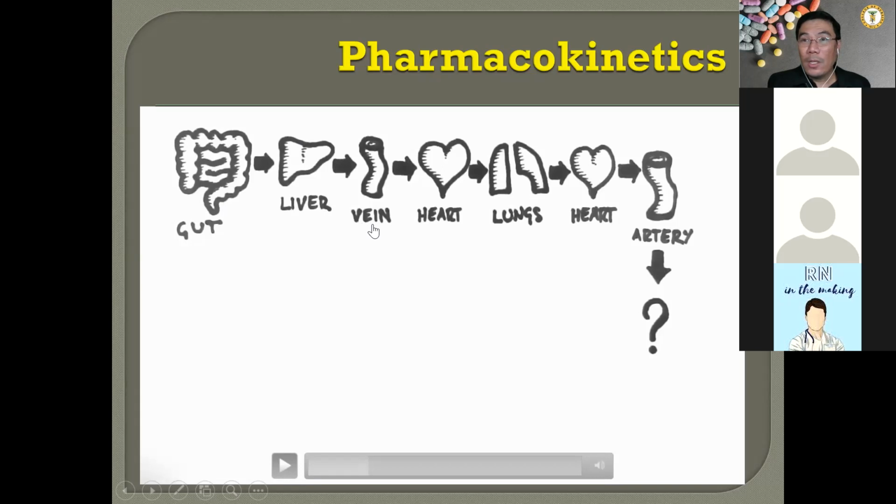We have the vein that carries the non-oxygenated blood. Once the non-oxygenated blood enters the heart, it will be oxygenated by the lungs. And once it is oxygenated by the lungs, it goes back again to the left side of the heart and proceeds to the aorta via the artery.